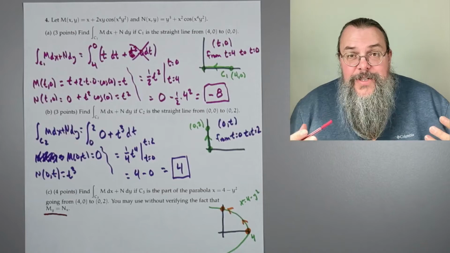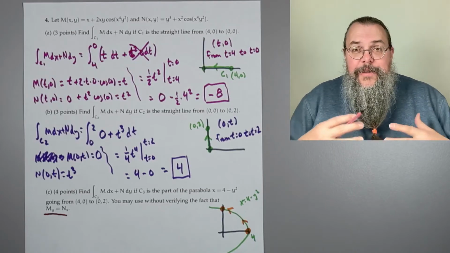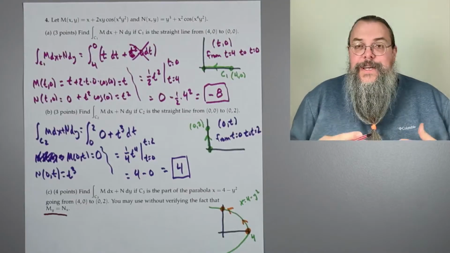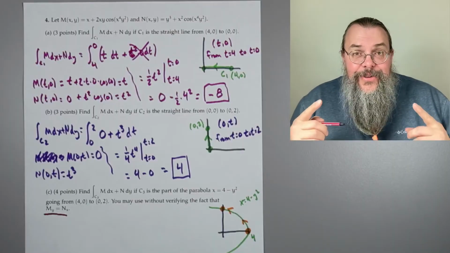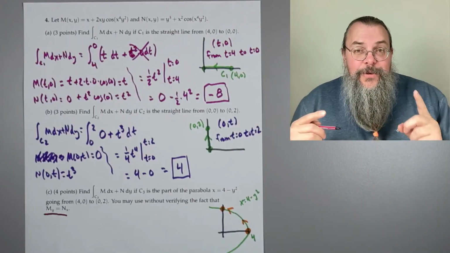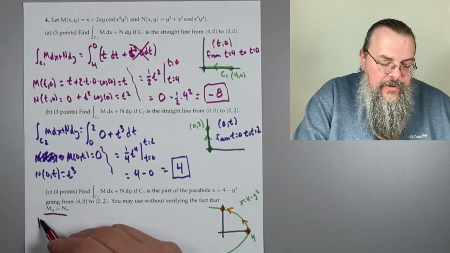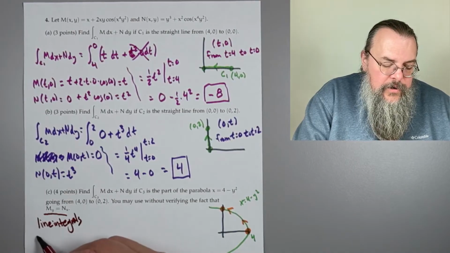There's different words we can use. It tells us that if we think of m and n as forming a vector field, that this is a conservative vector field. It says that there's a potential function, but it also says one really cool thing about line integrals.